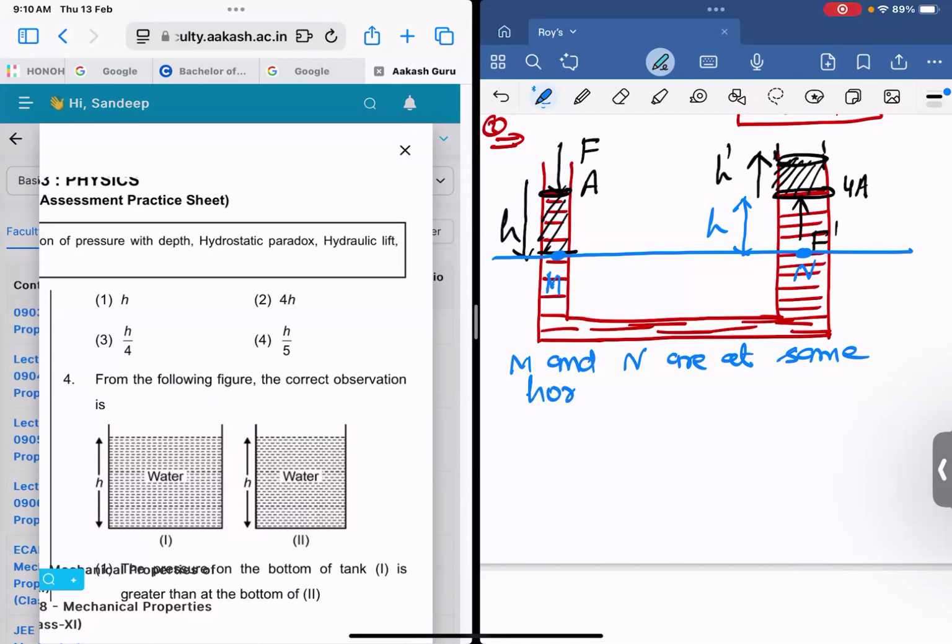And you know that if the container is at rest, then at the same horizontal level we always have the same pressure.